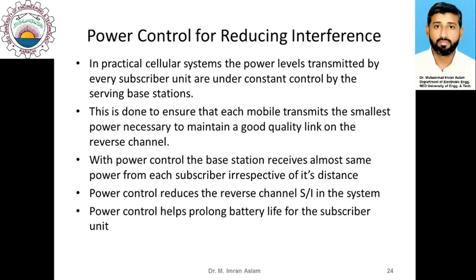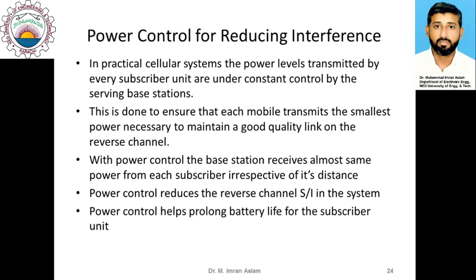Secondly, because the mobile equipment are transmitting at lower power levels, their battery will be conserved, and they can use their battery for a longer period of time. So the battery life is prolonged with power control. So this is another point which can be used to reduce interference in the system.